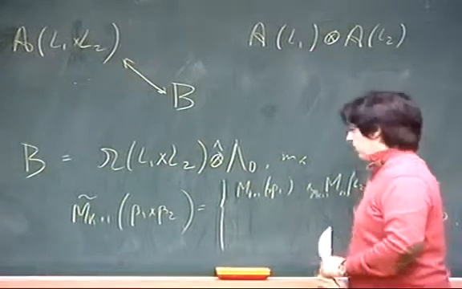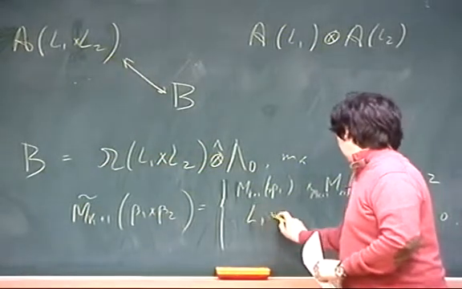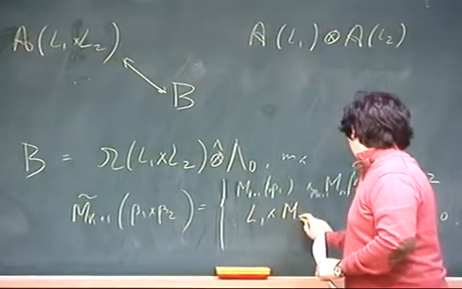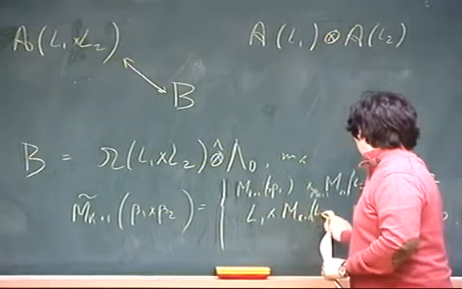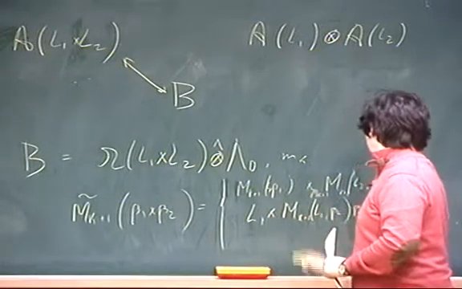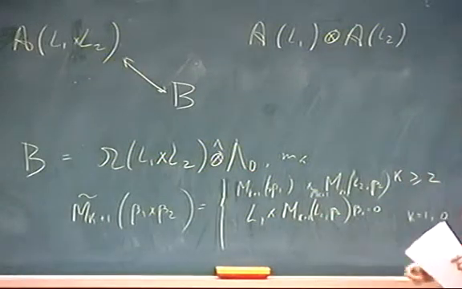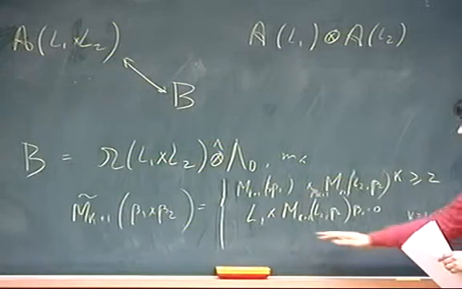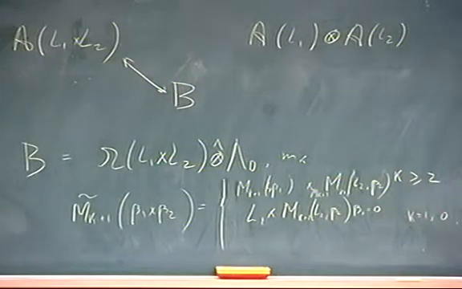So if beta 1 is 0, we use as moduli space L1 cross M_{k+1} of L2, class beta 2. And the symmetric situation when beta 2 is 0, and when they are both non-zero, we don't put any moduli space.